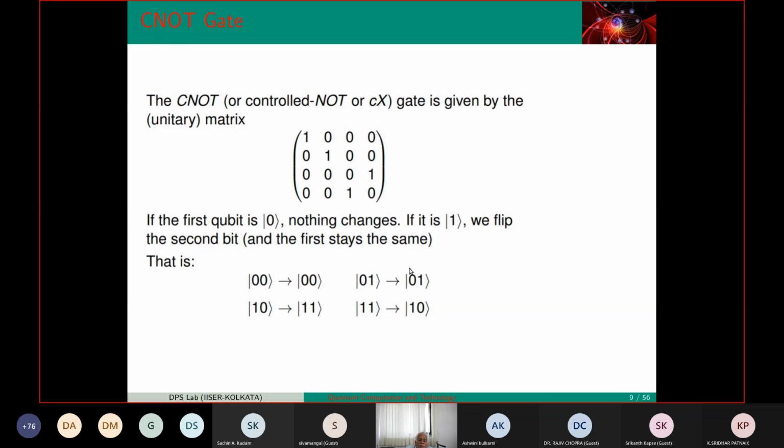Now the question arises, how much of the phase can you distinguish? For example, if it is exponential i pi by 2, if it is exponential i pi, can you really distinguish, for example, 0 plus 1 from 0 minus 1? One has to be a bit careful. That question has been analyzed by a gentleman called Holevo. So how much information can you extract? There are a lot of theorems and proofs in that direction.